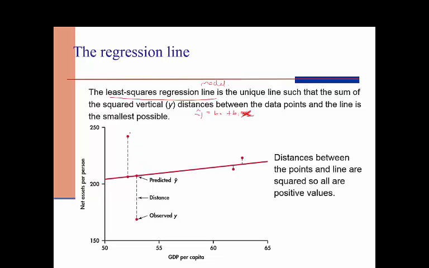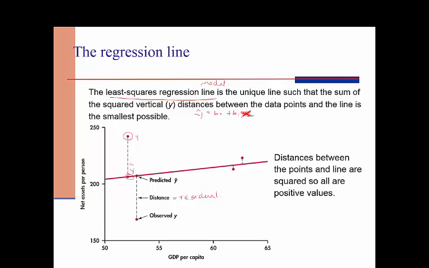This is the actual data point, y. This is what you're predicting using your line, y predicted. And so you want to try to minimize this gap so that a line that you fit is closest overall to all your points. Okay? And that distance is called a residual. We'll talk about that later.